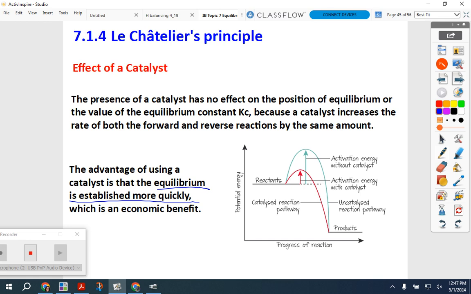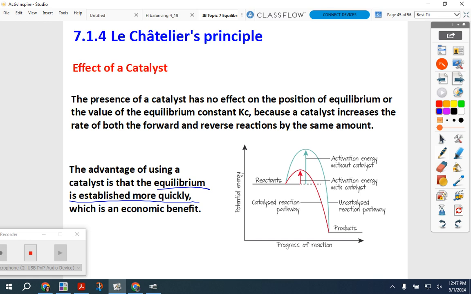Think about the reverse reaction. We're starting down here, going up here and coming down. So it decreases the activation energy in both directions, because it's the same hump no matter which way you're going on the energy diagram.